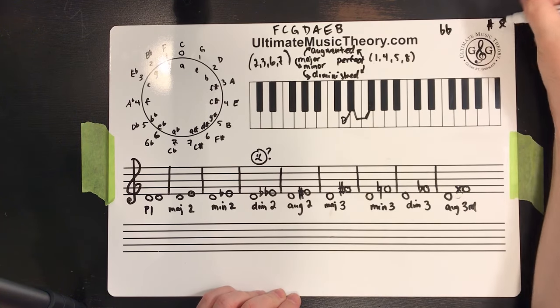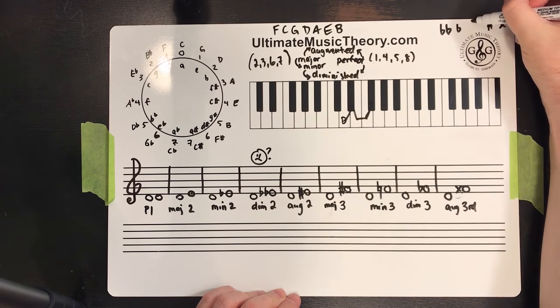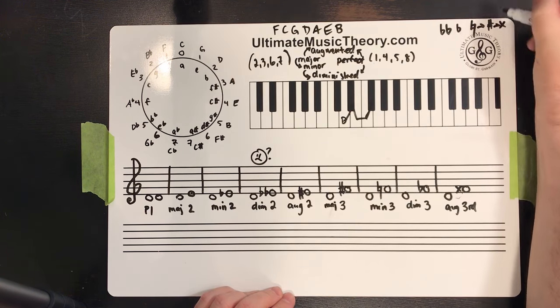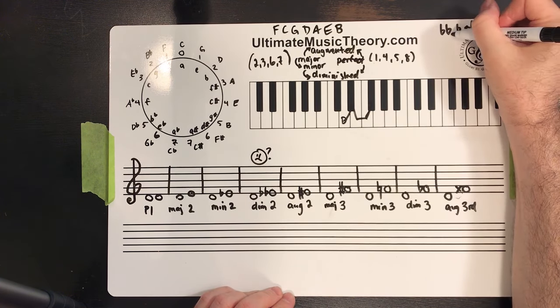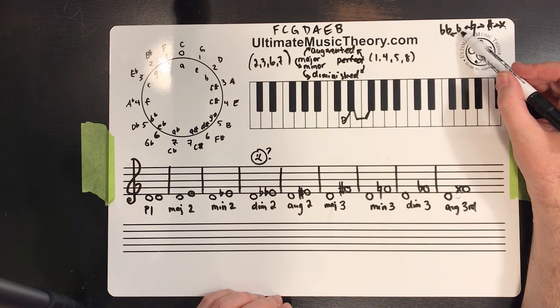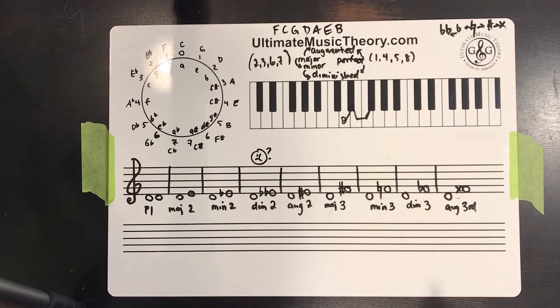Here's a regular sharp, there's a regular flat, and there's a natural. So this is the direction that we go. We start at natural, we go up to sharp, up to double sharp; start at natural, go down to flat, and down to double flat. So that's up to our third.